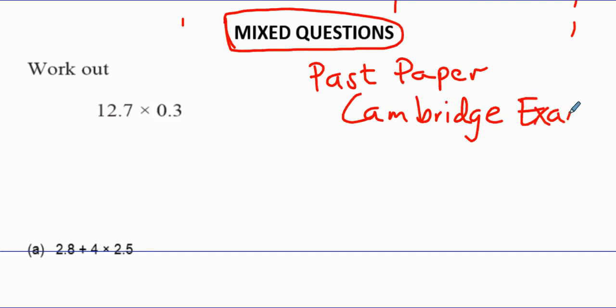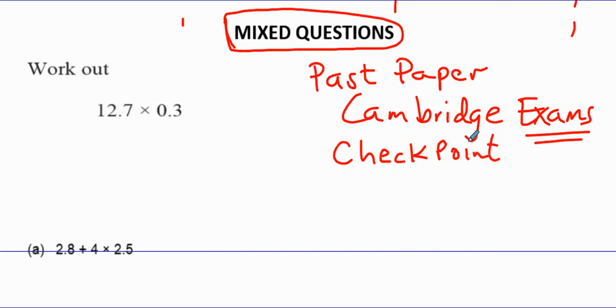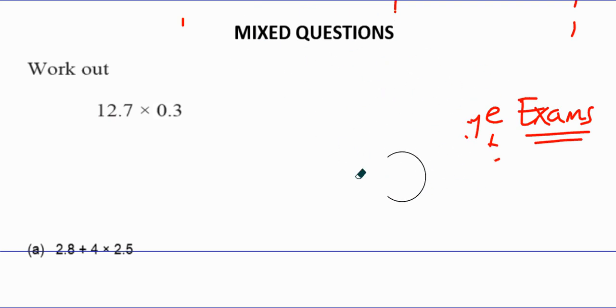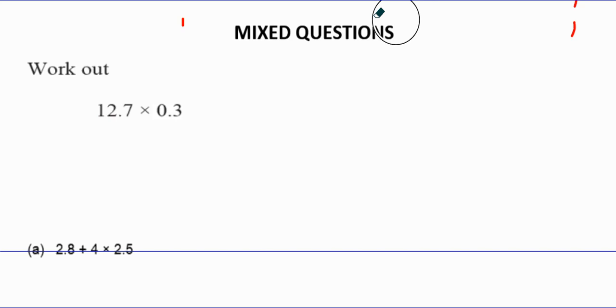This is where I get the questions for mixed questions. Now, in secondary one, the Cambridge exams are known as checkpoints according to our syllabus, checkpoint exams, which are usually done in April of every year. So next year, inshallah, we are going to have these checkpoint exams for the current Form 2s.